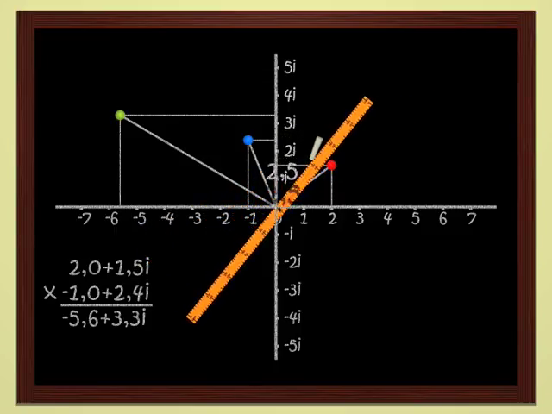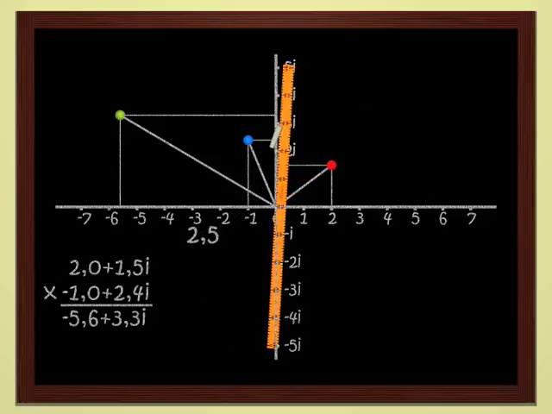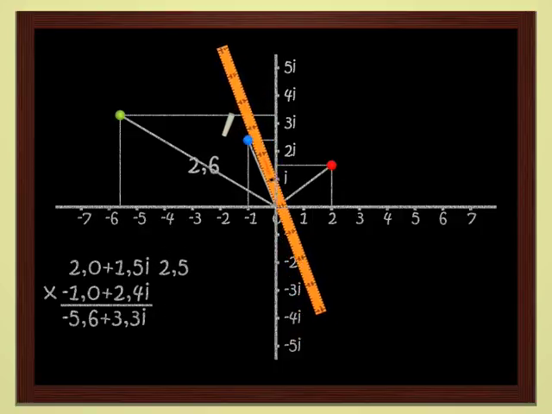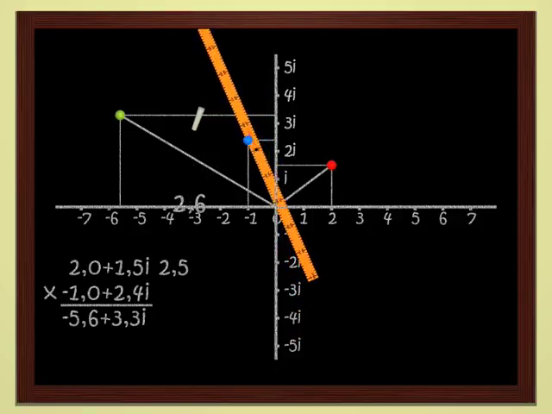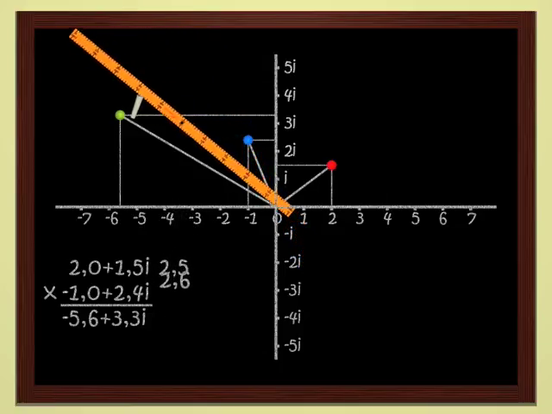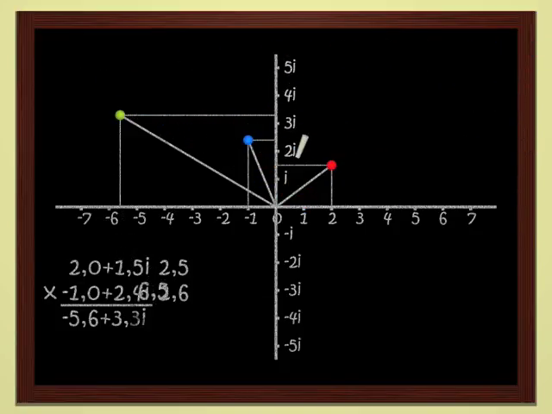Let's see, it measures 2.5. The modulus of 2 plus 1.5i is therefore 2.5. For the blue point, I get 2.6. And for the green point, which is the product of the 2 points, I get 6.5. What's the rule? The modulus of a product of two complex numbers is just the product of the moduli of the two numbers.